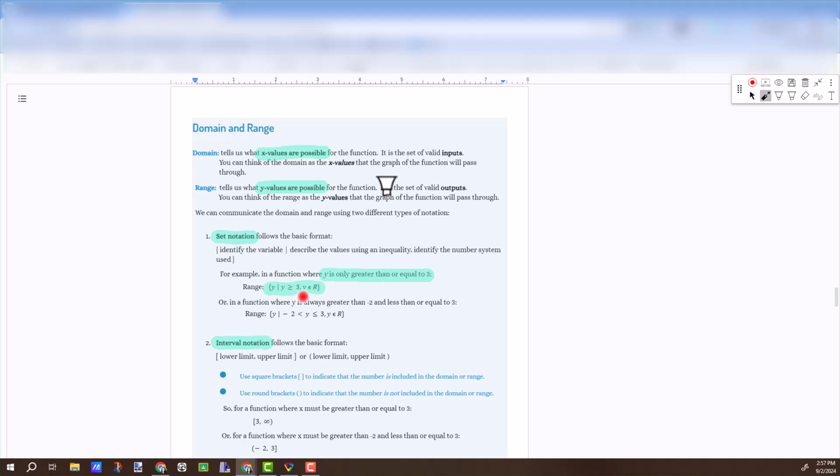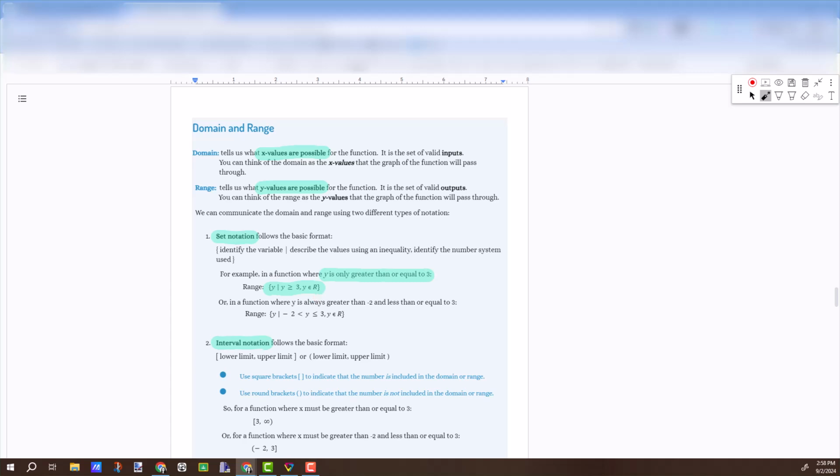The part that a lot of people forget is to name the number system we're using. We're often going to be using the real number system, but in problem solving, we want to be careful. If we're talking about things that must be counted, like actual physical objects, we might have to use the natural or the whole number system. So just keep that in mind, that while we often use real, we might need to use something else.